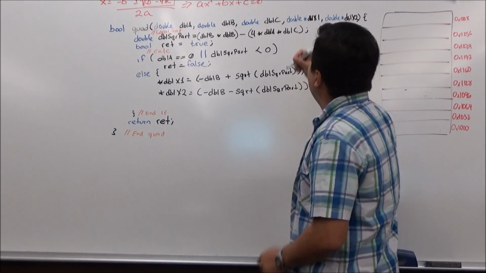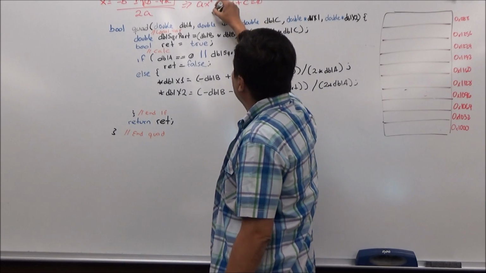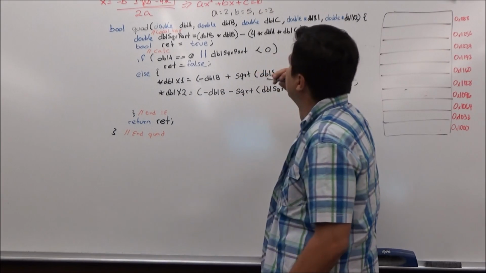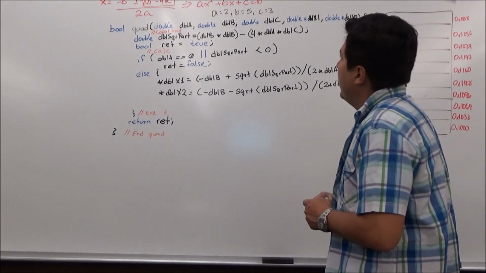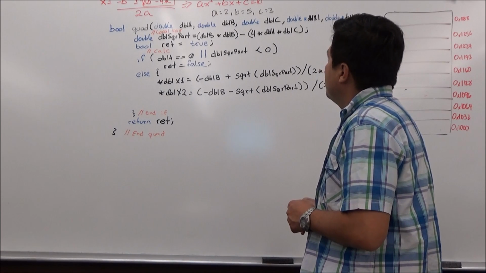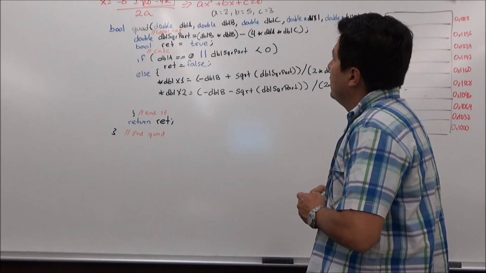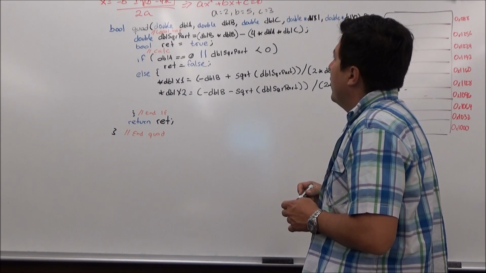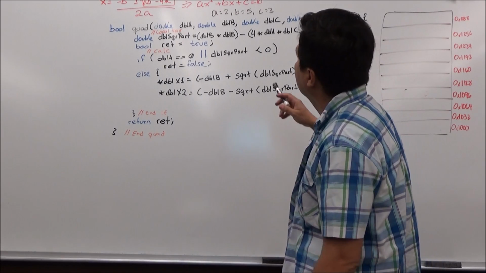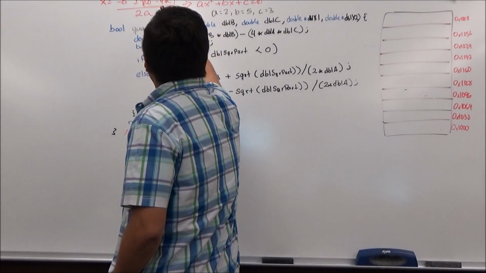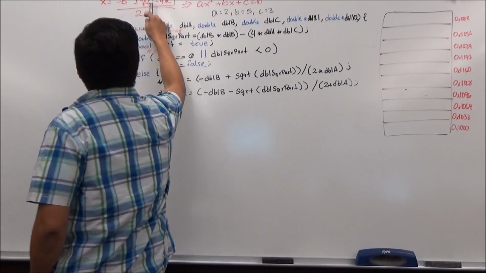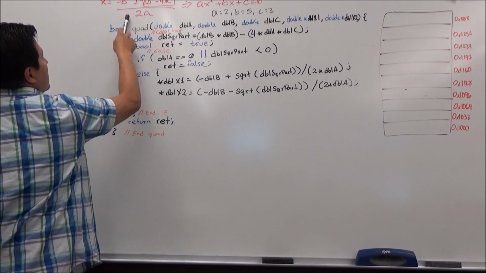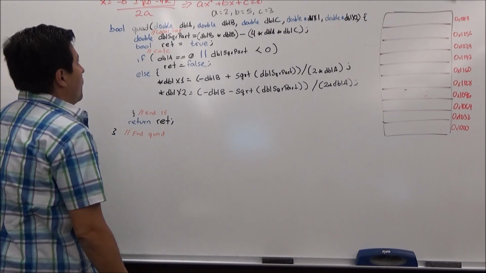So for instance, if I make A equals 2, B equals 5, and C equals 3, so you'll get 2 plus 3 is 6, 24, so that's 1. So 24 divided by 4. Wait a minute, am I doing this right? So 25, this is 24, so this is 1, right? So minus 5 minus 1 will be negative 6 divided by 4.